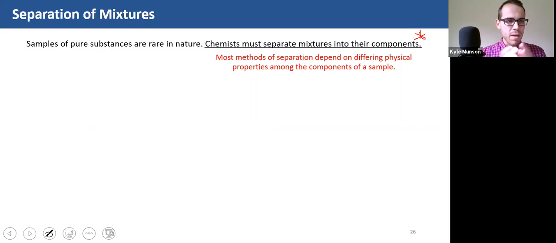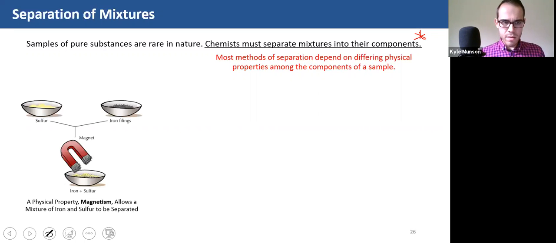And most methods for separating things depend on differing physical properties among the components of the sample. So here's an example. Let's say we had iron with sulfur mixed together, and we wanted to separate the iron from the sulfur. How would we do that?